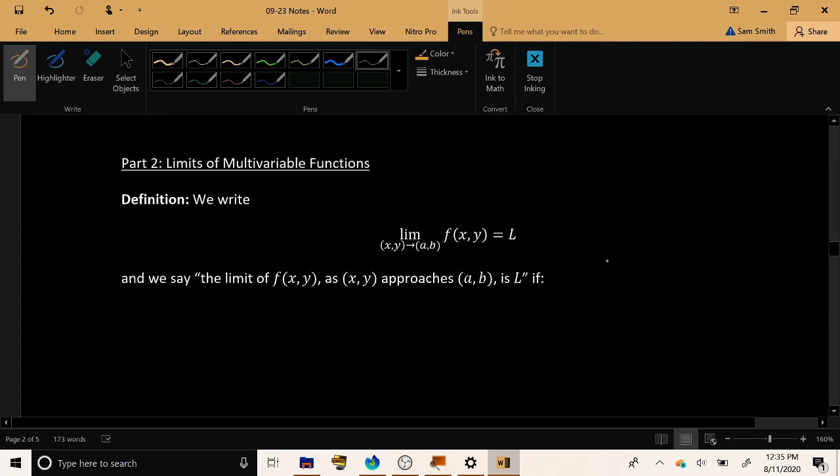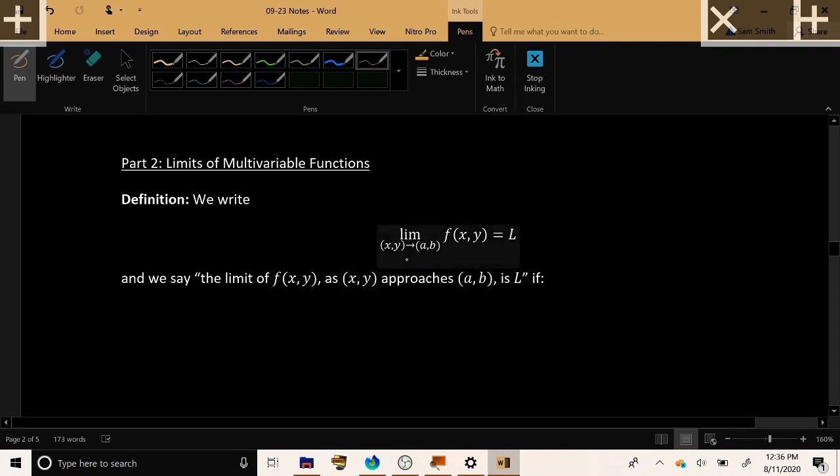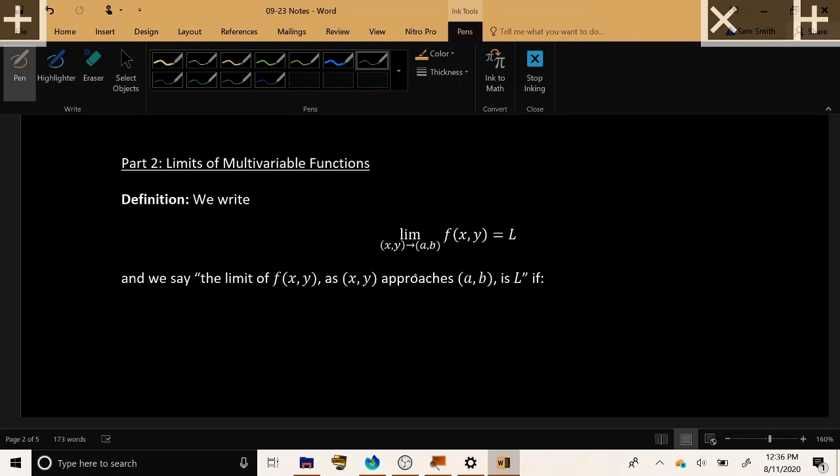Now the notation for limits of multivariable functions is extremely similar to the notation for limits of single variable functions. We have the letters LIM, short for limit, and underneath that we have the point x comma y approaching the point a comma b. So instead of x goes to a, x and y go to a and b respectively.